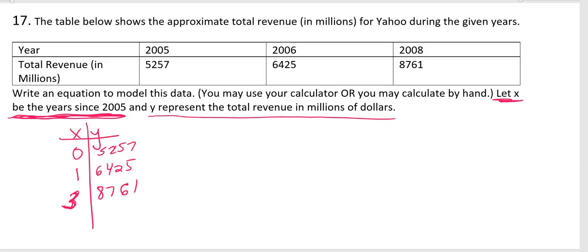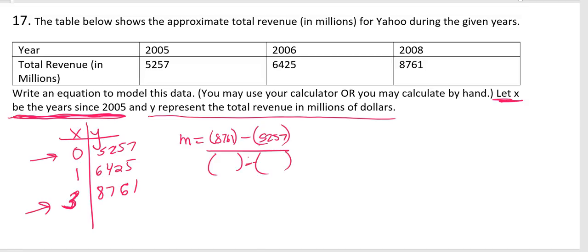Now, all I need is 2 points to write an equation for a line. I have 3, okay? But I can choose 2. I'm going to pick my first one and my last one if I do it by hand. And I'm going to say my slope is 8761 minus 5257 over 3 minus 0. Okay?